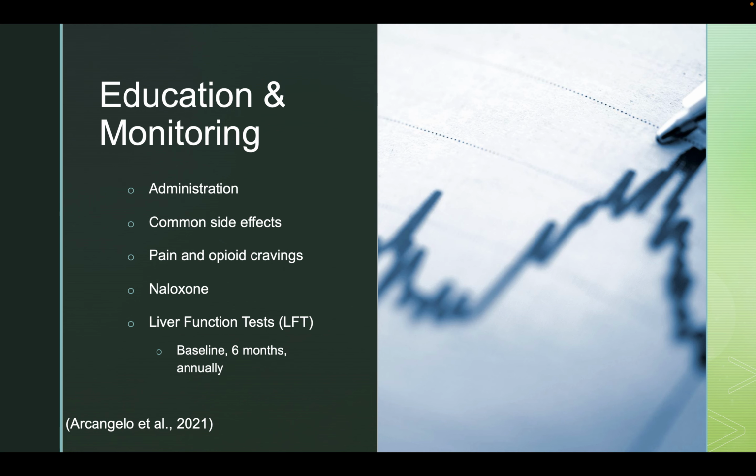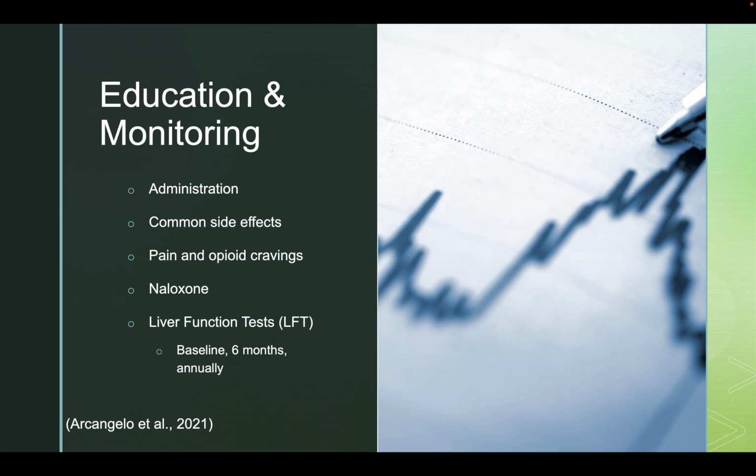As far as education and monitoring go, patients need to be educated on the kind of route of buprenorphine administration they are receiving. So sublingual and buccal tablets or films should be placed under the tongue or inside the cheek until completely dissolved. Now, other forms, the injections and the implants, must be given by the provider.